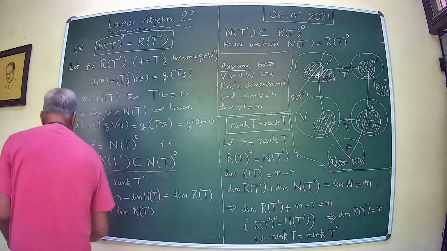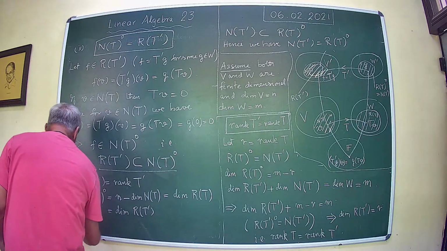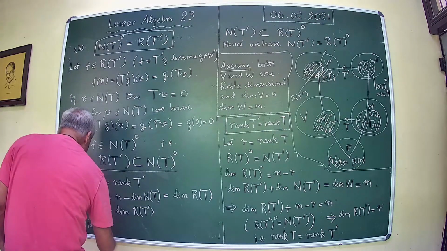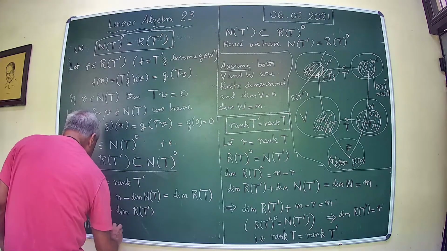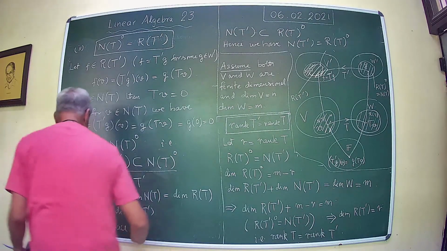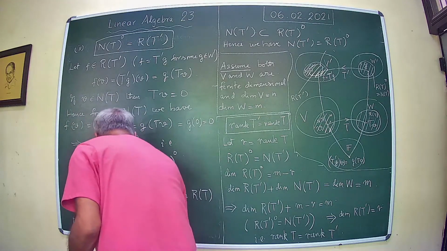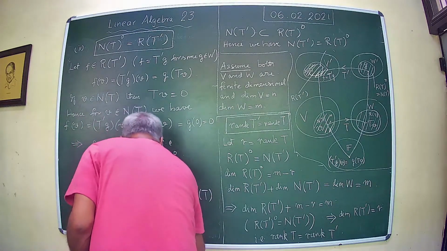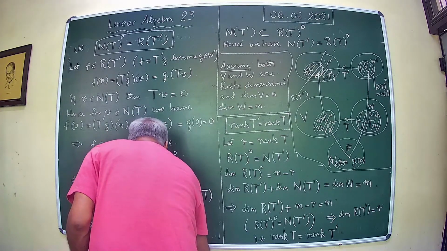Therefore, RT prime is a subspace of NT annihilator of the same dimension.